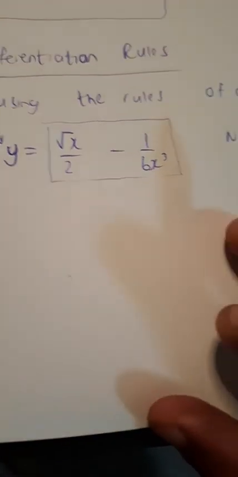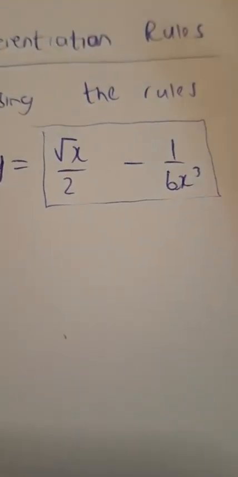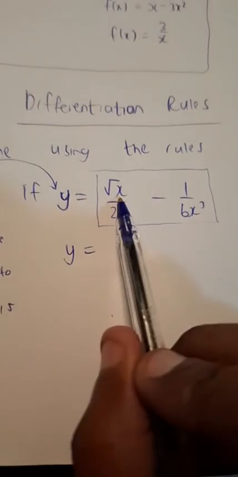Also, another thing: all roots also need to be converted and changed, very importantly. So look at this, guys. This is very important. Note what's going to happen. I'm going to rewrite; y is still the subject.